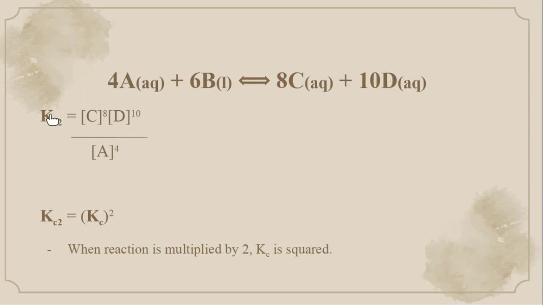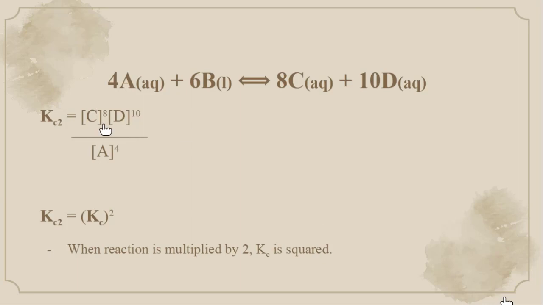This new Kc, I denoted as Kc2, and I put the new exponents and coefficients. So I put C to the 8, and then D to the 10, and then A to the 4. So now my Kc2 is actually going to be my Kc squared. And yes, if I do divide by 2, then it is to the power of half.